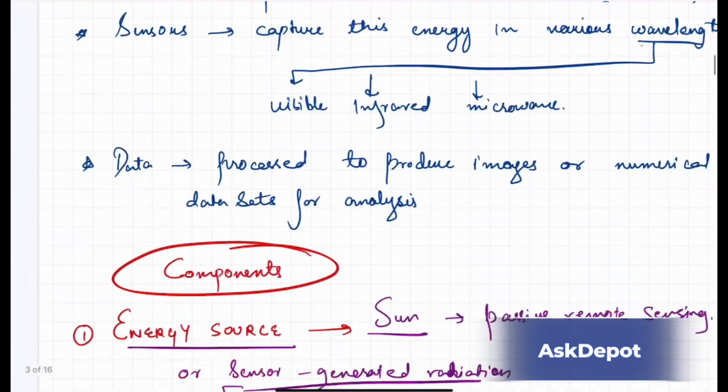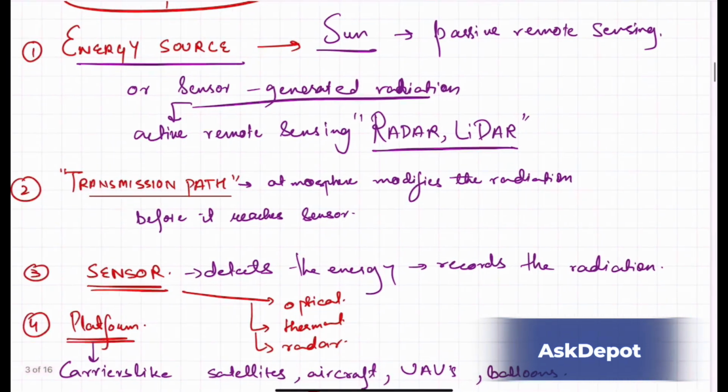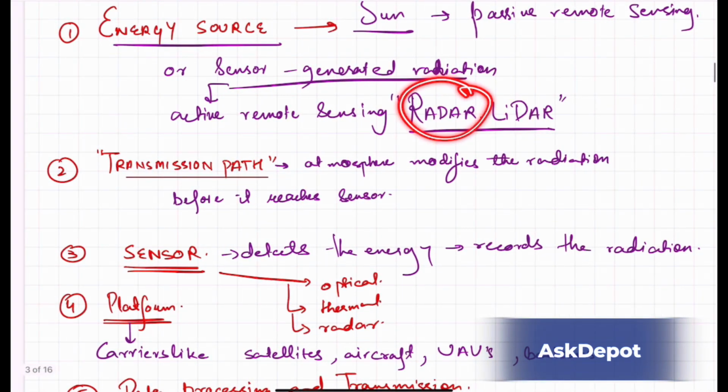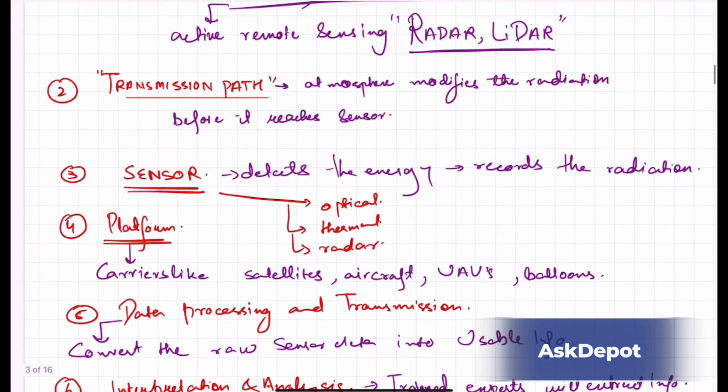The components included in remote sensing are, firstly, the energy source that we already saw. The sun was the energy source, and this is passive remote sensing. The second is active remote sensing, which includes radar or lidar. This is sensor generated radiation; the sensor will itself generate the radiations. Next is the transmission path.